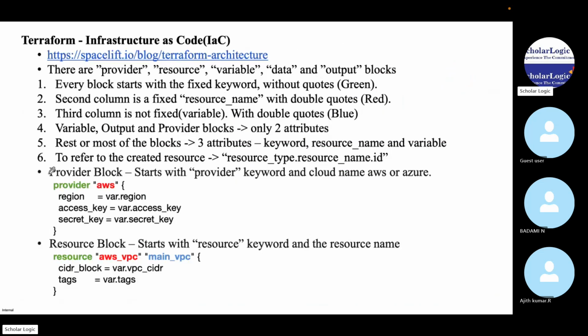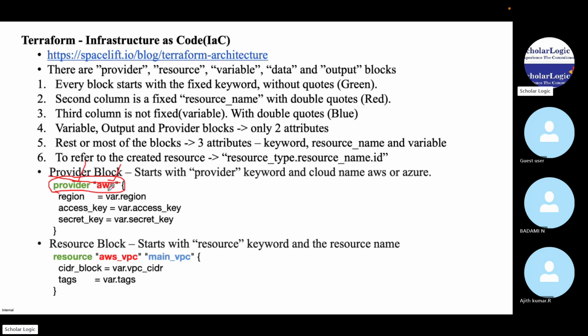So we'll be looking at what is a provider block, how we can use it. Here, provider block is all about in which cloud we are going to provision. That is what is called provider block. Here, the provider is always fixed. The second item is variable. Variable means it varies based on the cloud.